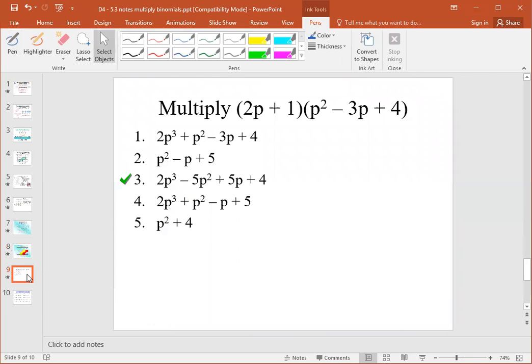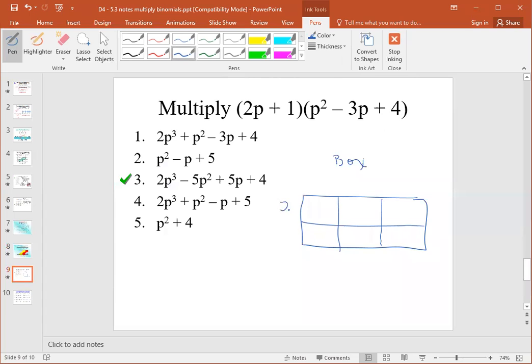Here, if we multiplied through, we should get the third one, and we can choose which way we want to do this. I'm going to do the box method just to be different. It seems like people tend to gravitate to this one more.